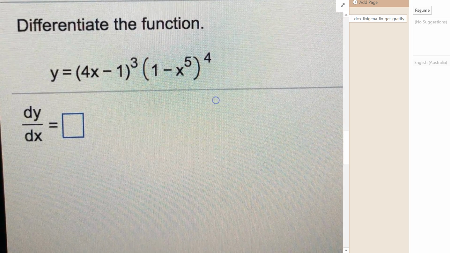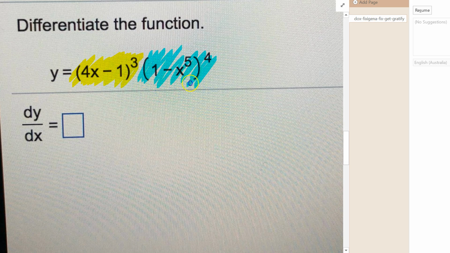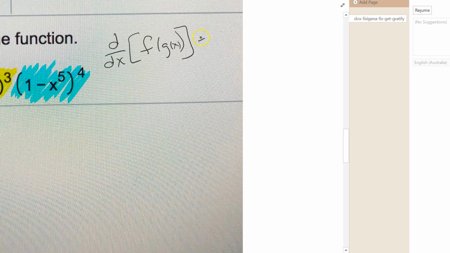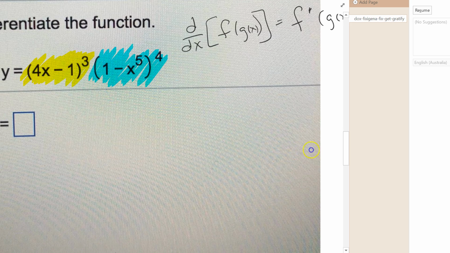This example is doing very similar things, except now we're going to also look at the chain rule within the product rule. So if you recall, the chain rule is the derivative of a function that's a composition, so say something like f of g of x, would be the derivative of the outside evaluated at the inside times the derivative of the inside.